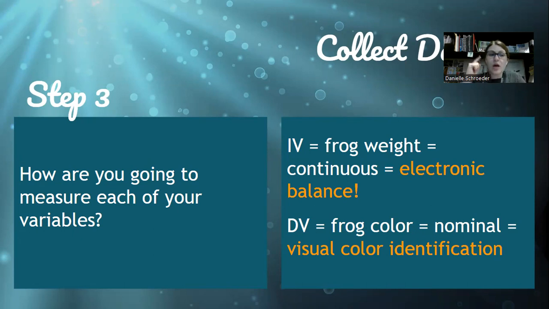I'm going to use visual color identification to measure each of my variables, but I may also wish to use a chart so that I have something for comparison. I may have a whole bunch of frogs in different colors and make sure that I give myself a visual scale to use. This is where you think to yourself, how am I going to measure my variables? Okay. This is the key to collecting data well. This is information that will eventually feed into your procedure.